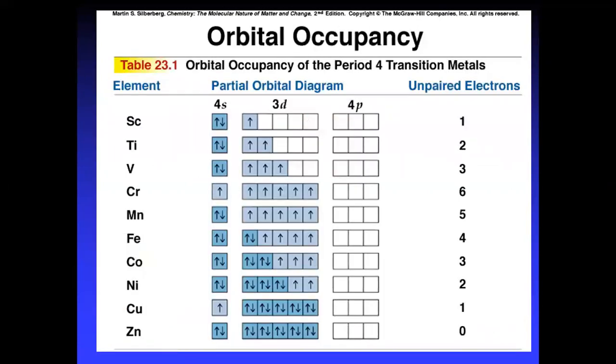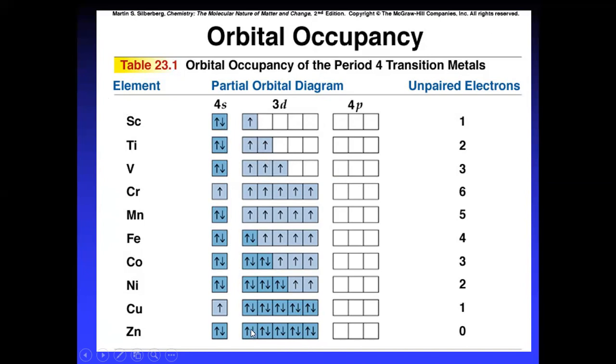Next, coming to the orbital occupancy, we'll see the partial orbital diagram. Here, scandium has the configuration 4s2 3d1: two s electrons and one in d.